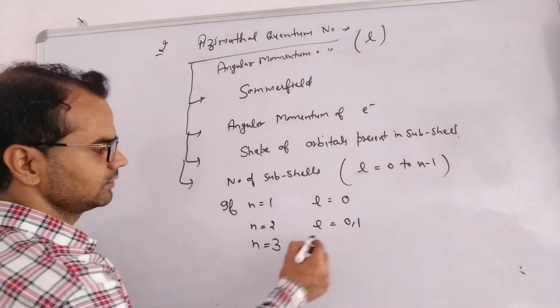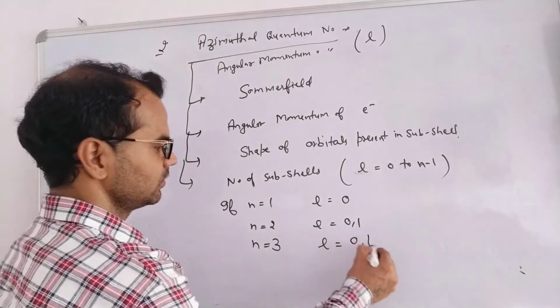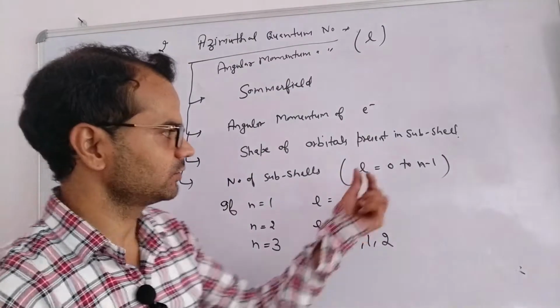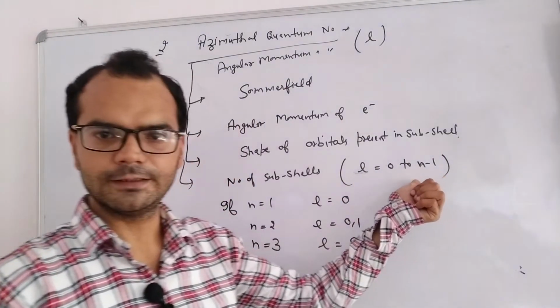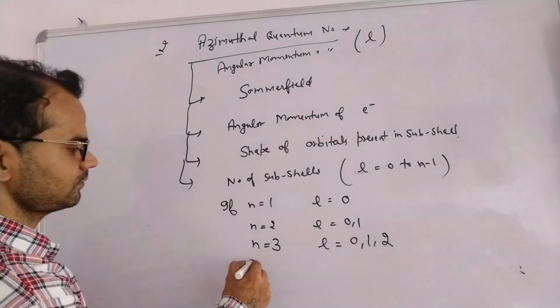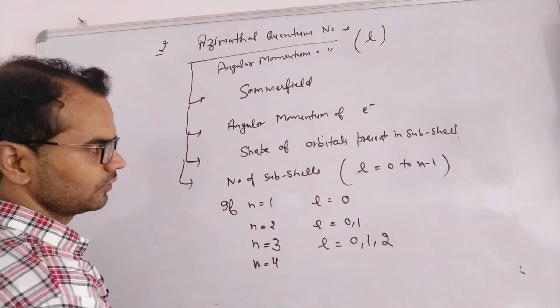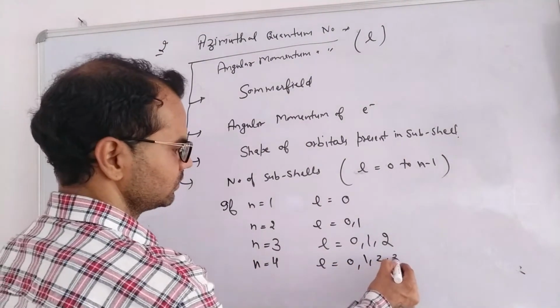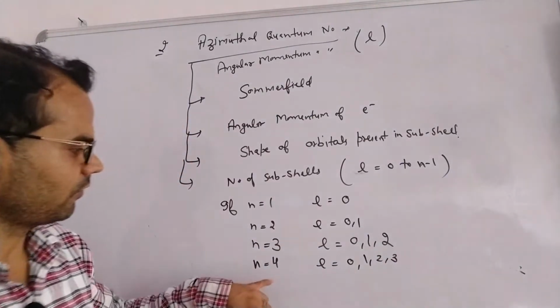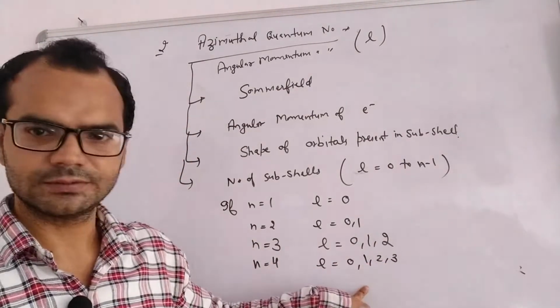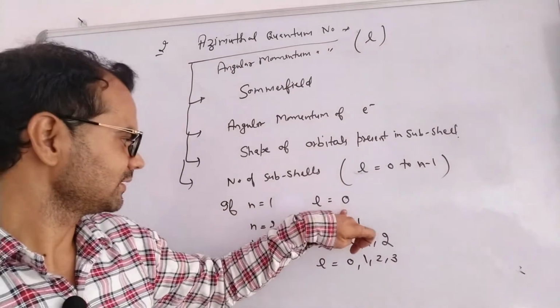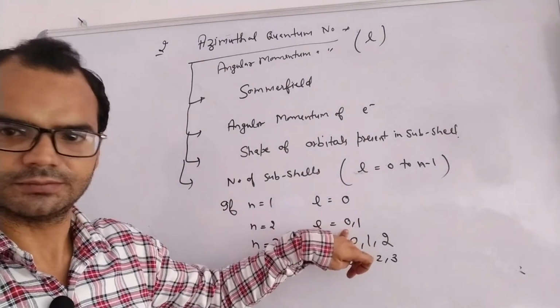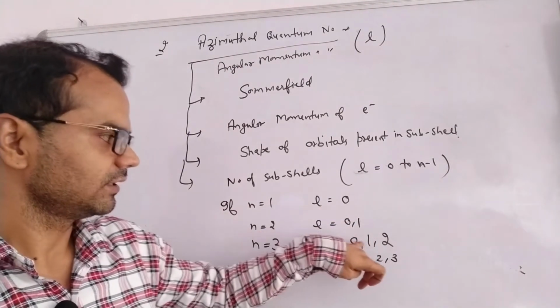N equal to 3, possible values are 0, 1, 2. N equal to 4, l equal to 0, 1, 2, 3. So the fourth shell contains 4 subshells. The first shell contains 1 subshell, the second contains 2 subshells, the third contains 3.